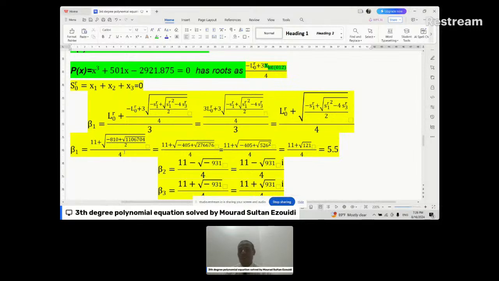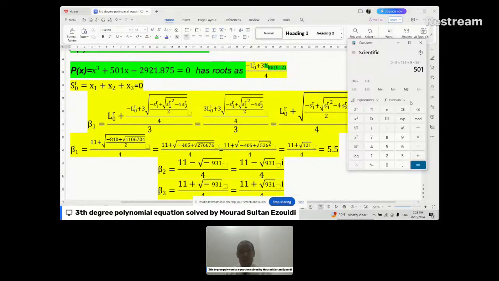The values that are inside the root, it will be 11 plus. I'm going to simplify or divide 810 divided by 2 will give me negative 405. Okay, and this one, learners, you see this one? You see, 1,106,704. I will divide them by 4. Okay, I divide this by 4, learners.